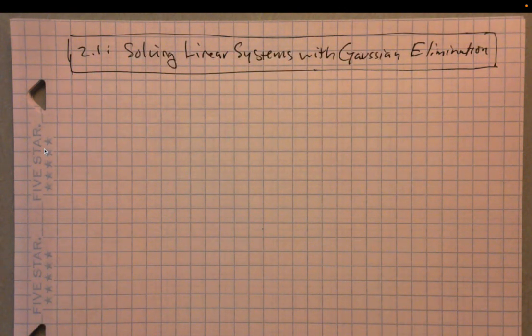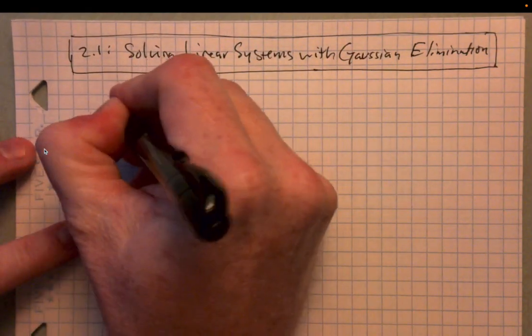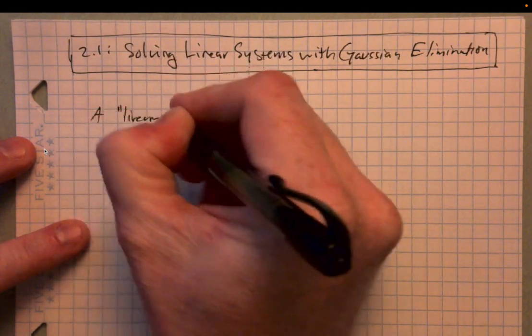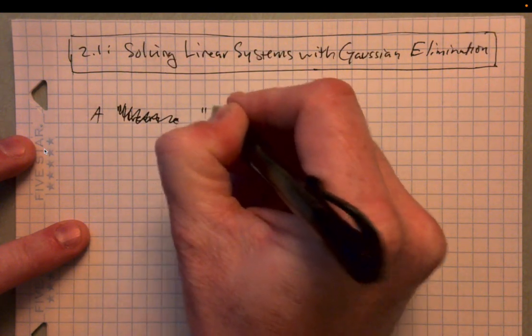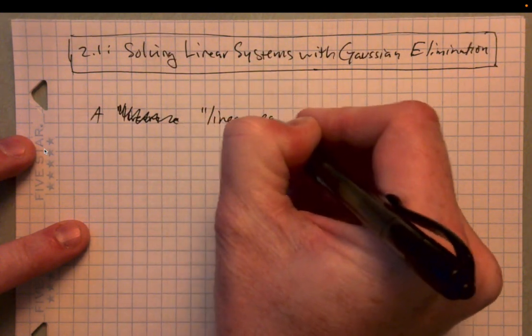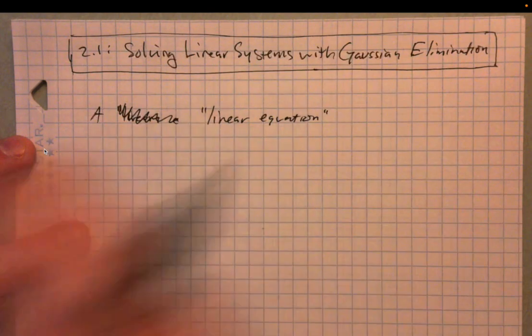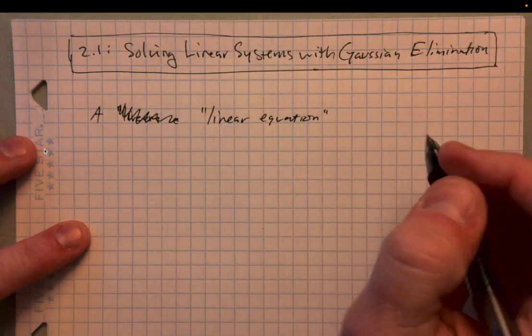Okay. And so we need to start by defining what we mean by a linear system. And a linear system, it turns out, is nothing more than a collection of linear equations. So let's talk through what we mean by a linear equation.